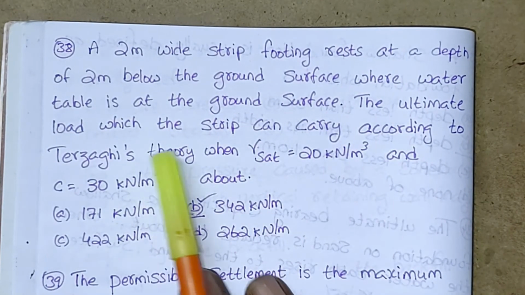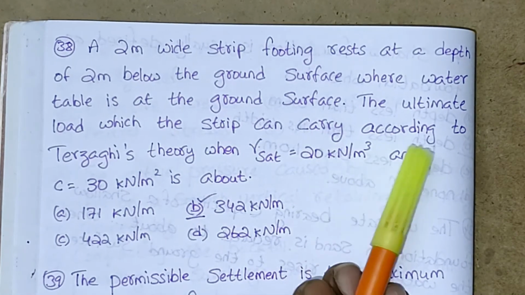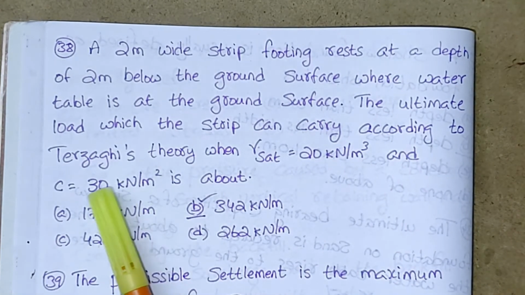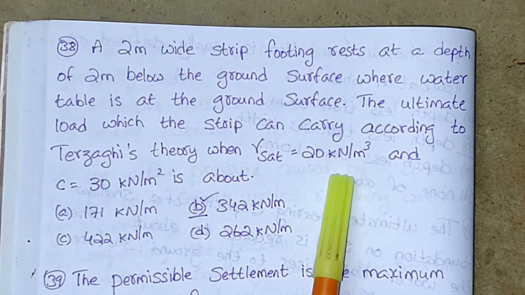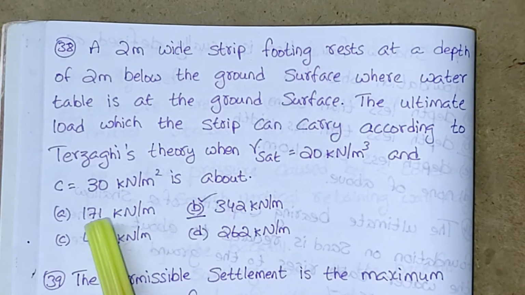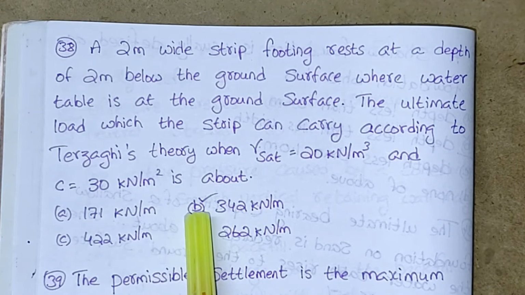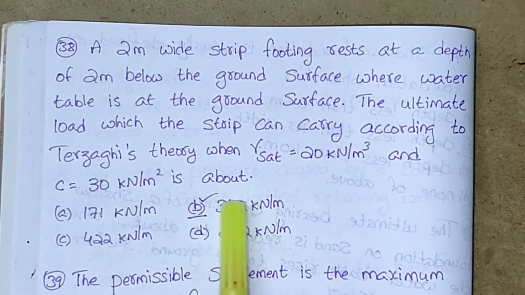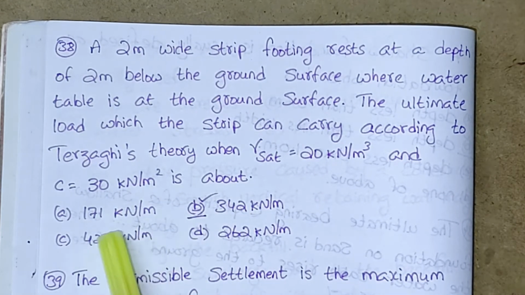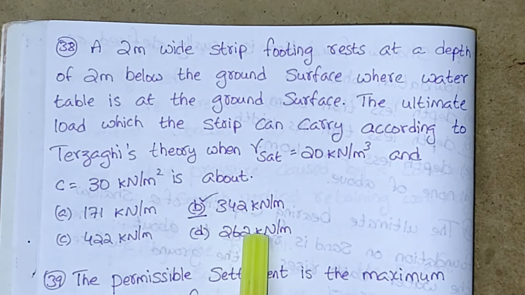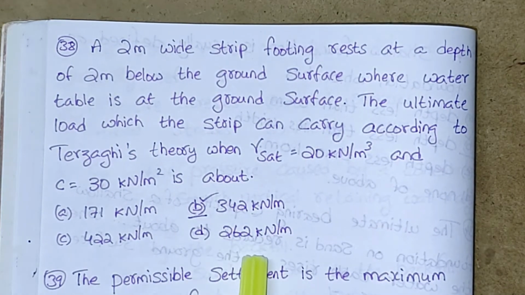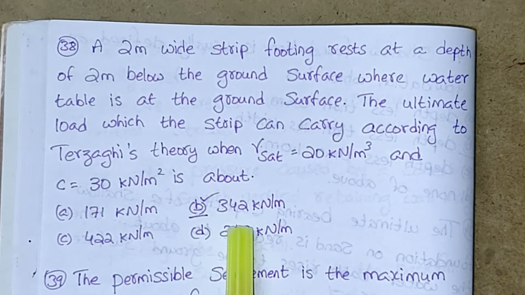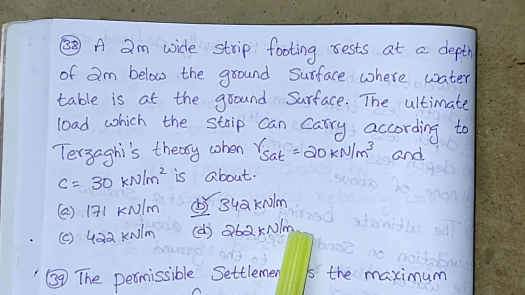The ultimate load which the strip can carry according to Terzaghi's theory, when gamma sat is equal to 20 kilonewton per meter cube and c is equal to 30 kilonewton per meter square, is about 171 kilonewton per meter, 342 kilonewton per meter, 422 kilonewton per meter, 262 kilonewton per meter. So the correct answer is 342 kilonewton per meter.